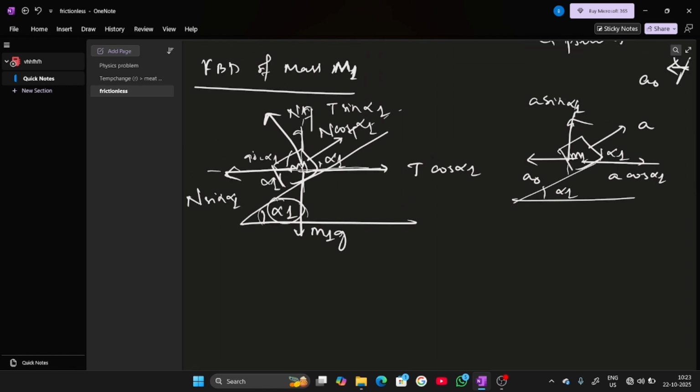Now if we write the equations, along vertical the equation is T sin alpha 1 plus N cos alpha 1 minus M1g is M1 A sin alpha 1.